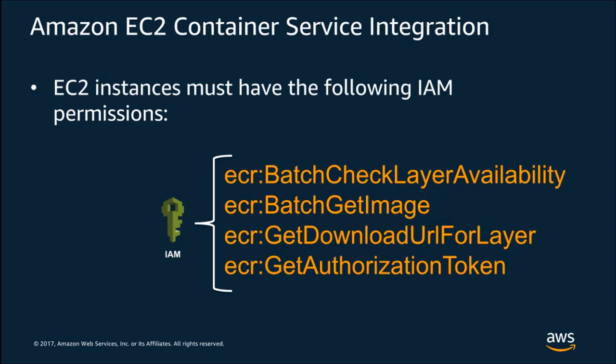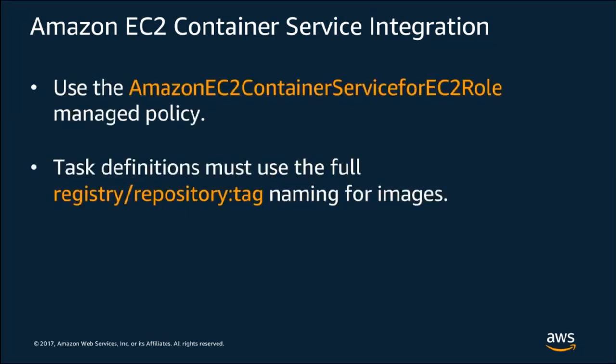The Amazon ECS container instance role that you use with your container instances must possess the following IAM policy permissions for Amazon ECR. And so these are some examples of IAM policies: ECR batch check layer availability, ECR batch get image, or you have the option of using the Amazon EC2 Container Service for EC2 role managed policy.